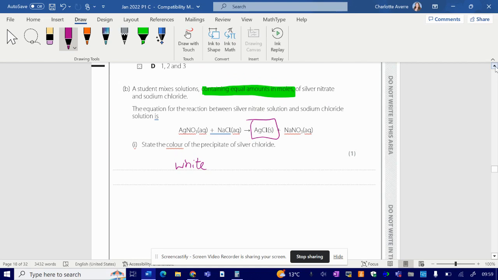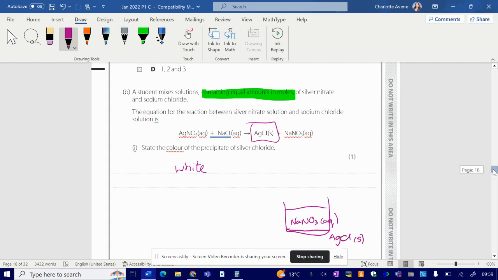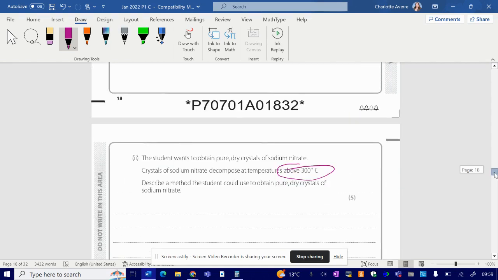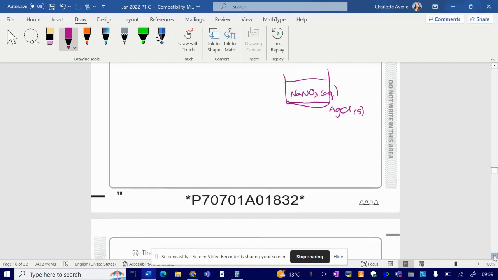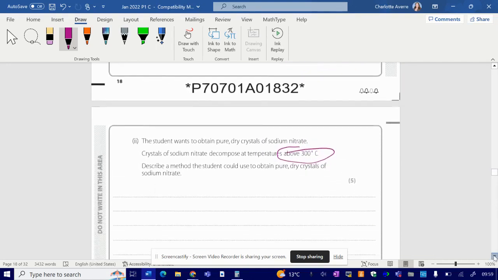So what we have got is a beaker that contains aqueous NaNO3, so NaNO3 dissolved in water, and a solid component of AgCl. That's what we have. And it wants us to get the NaNO3 out of that solution as crystals.